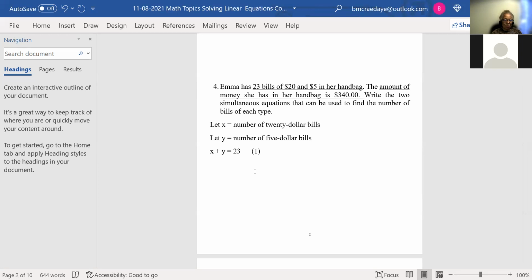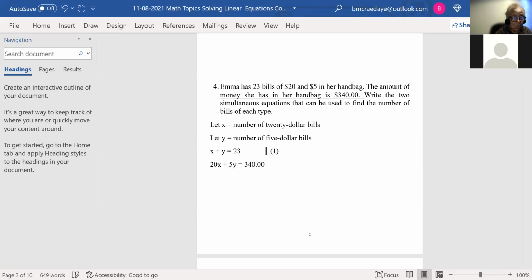How do you write that in the equation? 20 times X. That's right, 20X. Very good, Maureen. Plus what? 5Y. That's it, 5Y. And what's that equal to? 340. That's it. That's your two equations.